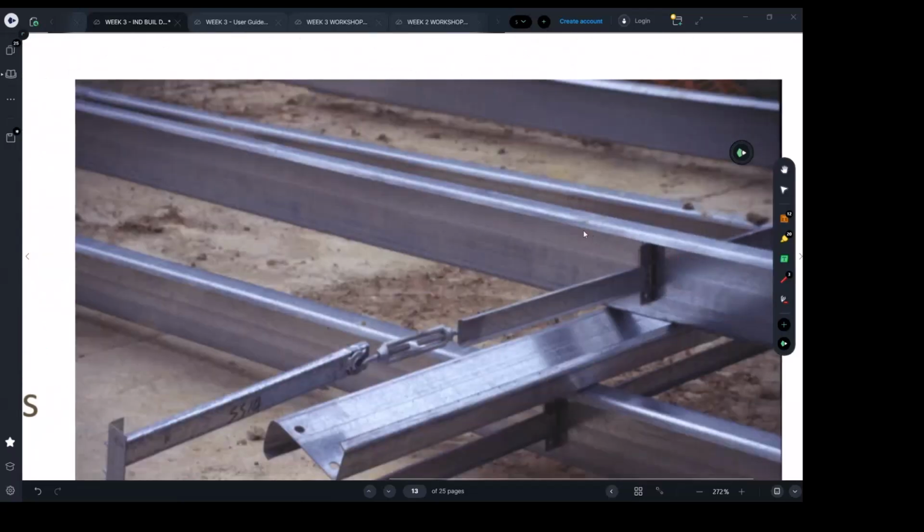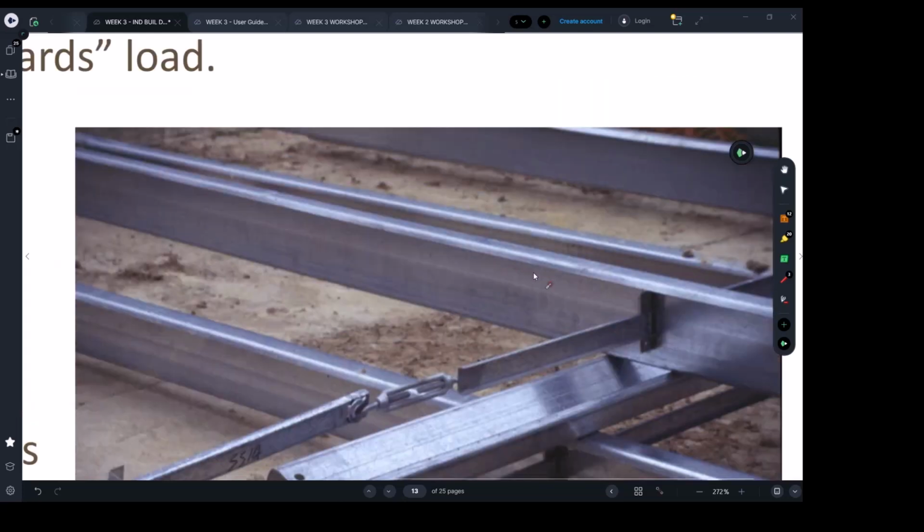So again, this is the C channel. You see, this is the C channel. And as I said to you, when it's up in the sky and under flexure, it's the compressed side. So usually if it's got positive bending, especially mid-span, this is going to be under compression and this is going to be under tension. The compressed side is a problem and it will tend to buckle or twist.